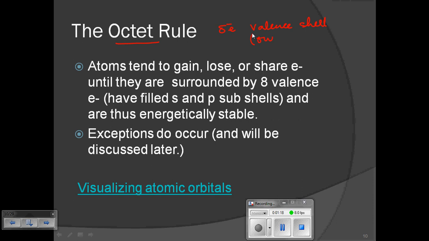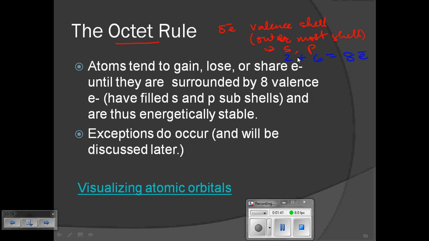Valence shell refers to their outermost shell or energy level, and in the valence shell there are only s and p sublevels. As you recall from chemical bonding, s can have up to 2 electrons and p can have up to 6. Hence you can have a maximum of 8 electrons.